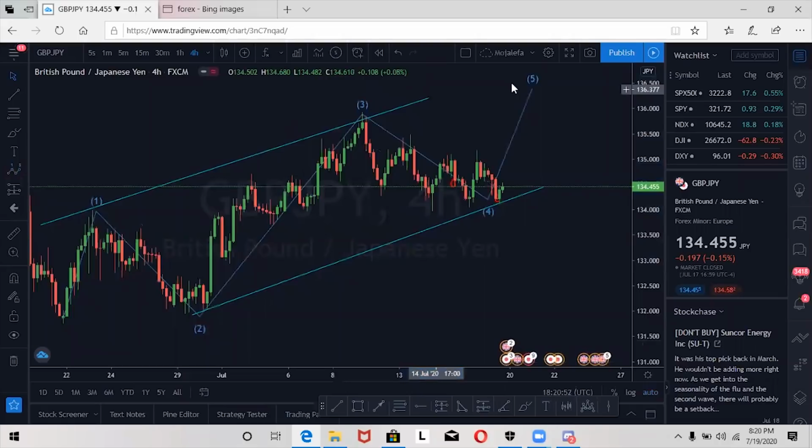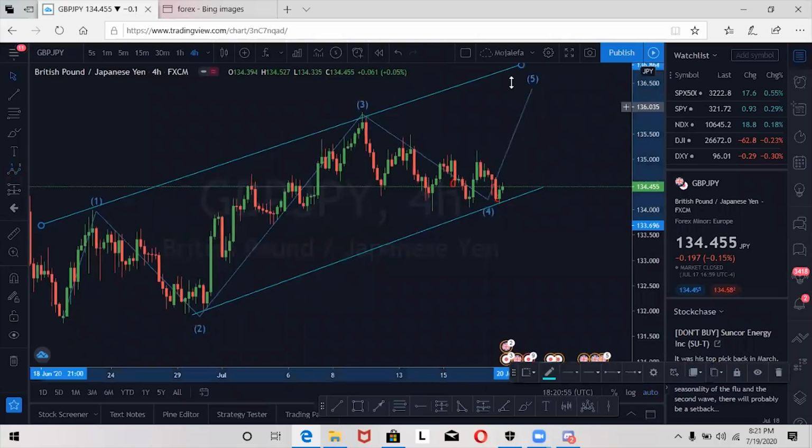And on this pair, guys, we use so many strategies. We use price action, and we were able to see there's a lot of momentum to the upside. And we use harmonics, we saw there's a lot of momentum to the upside. And now we use Elliott waves, and you can see there's still a lot of possibilities to the upside.